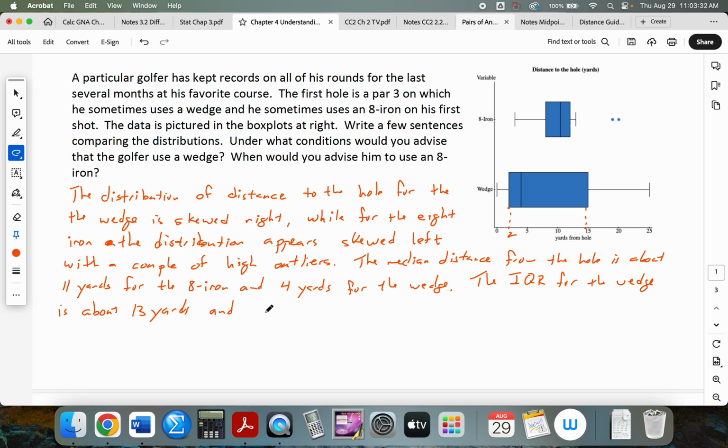And for the 8-iron, well, it doesn't look very wide at all. So that's about 9, that's about 12. So is it about 3 yards?